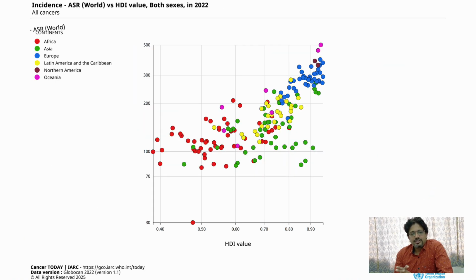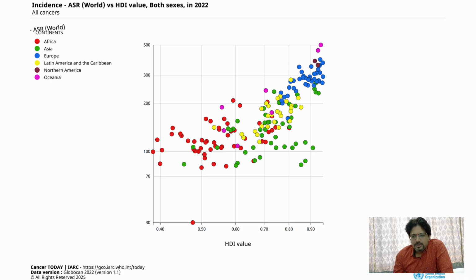This is just a representation of incidence and mortality depending upon the HDI, the Human Development Index. The X value represents the HDI value, which shows the level of development, as it increases.